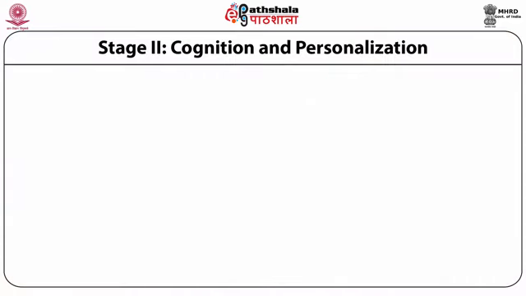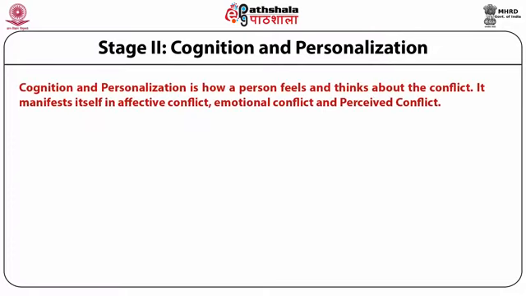Stage 2: Cognition and personalization. Cognition and personalization is how a person feels and thinks about the conflict. It manifests itself in affective conflict, emotional conflict, and perceived conflict.